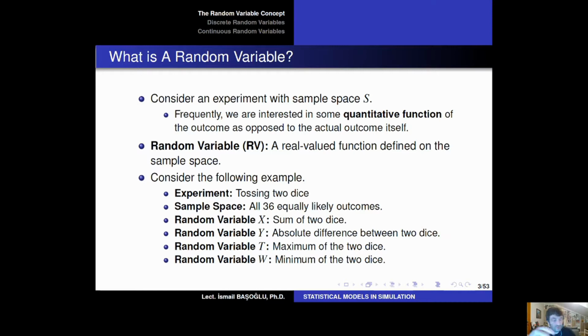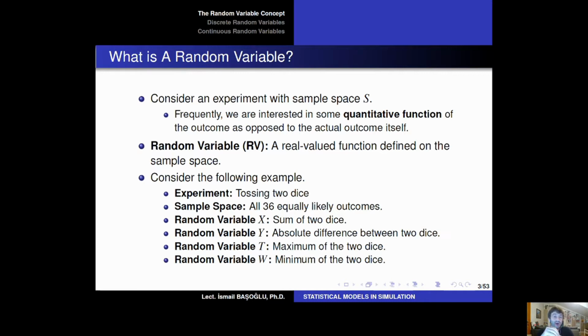For example, if you think about the weather condition, tomorrow can be sunny, rainy, foggy, or cloudy or snowy. There are many possible outcomes, of course, with different probabilities, but there are many possible outcomes which are given in a qualitative expression. And usually we are interested in quantitative functions of the outcome.